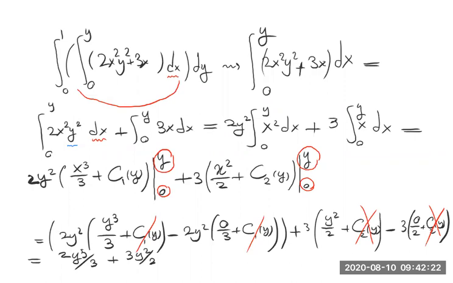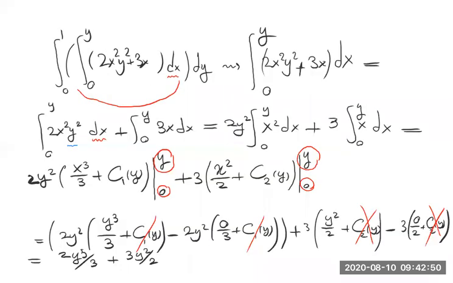So this thing is the result of the inner integral, but there is another integral left, right? So I should take the integral with respect to y now. Okay, so I have this function plus 3y squared over 2. Now I should take the integral.